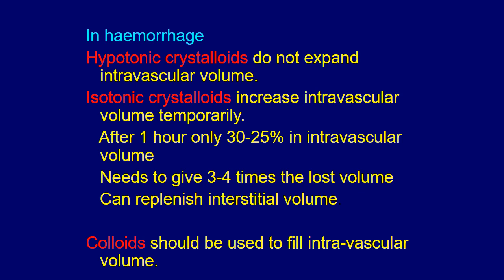The rest would have gone to the interstitial compartment. Therefore, if you are to replenish the lost intravascular volume only with isotonic crystalloids, you may have to give about 3 to 4 times the lost volume. But isotonic crystalloids are good to replenish the interstitial volume.